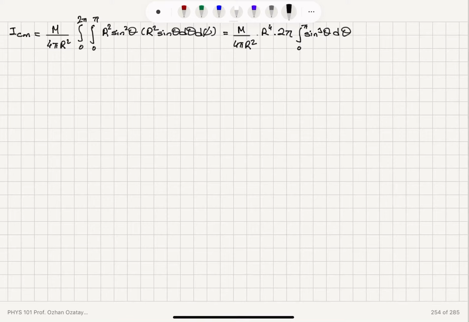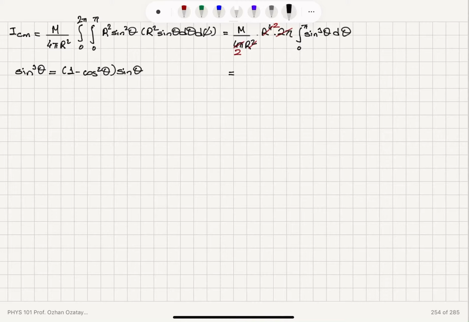And for sine cubed theta, I have to substitute 1 minus cosine squared theta, that's sine squared theta, times sine theta. So this becomes r squared, and here I have 2 pi, making this 4 pi over 2.